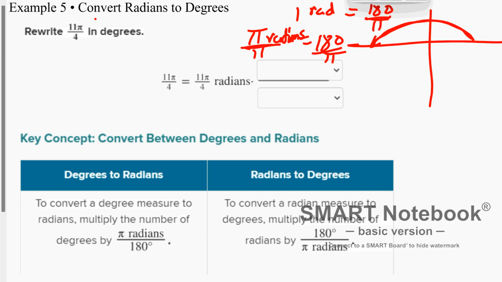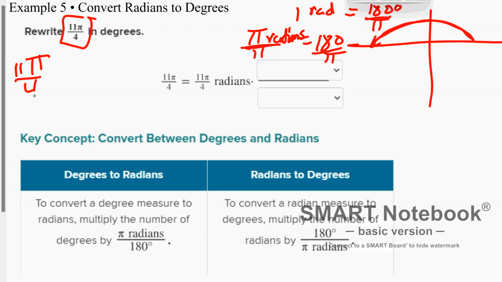So if I want to convert radians, anytime there's not a degree symbol, it is in radians, right? It doesn't necessarily have to have the pi symbol to be radians. It could just be 11 over 4. So anytime you don't have the degree symbol, you don't have degrees, you have radians.